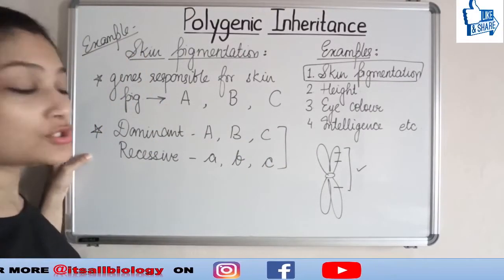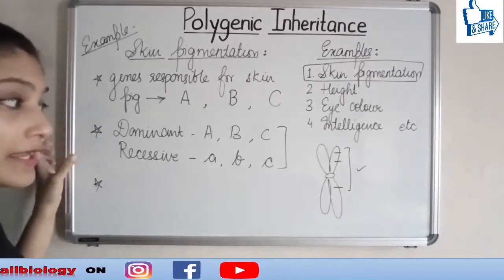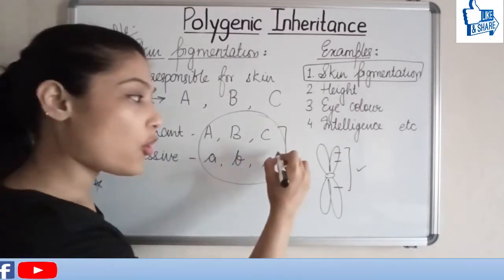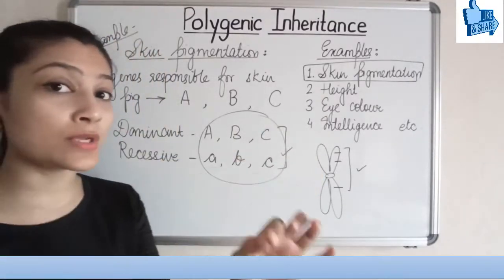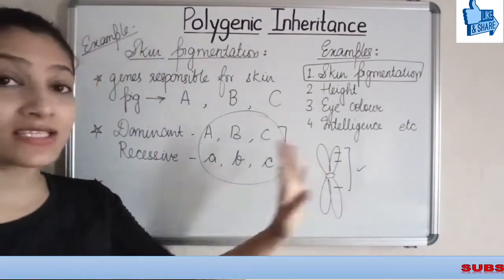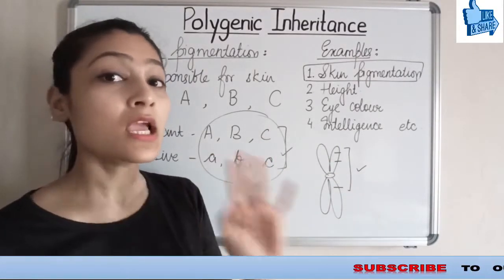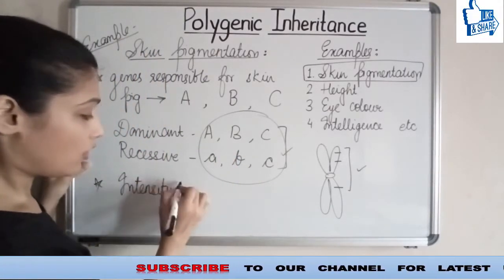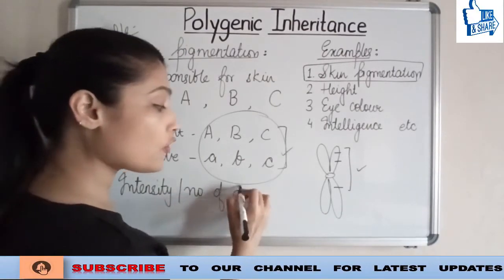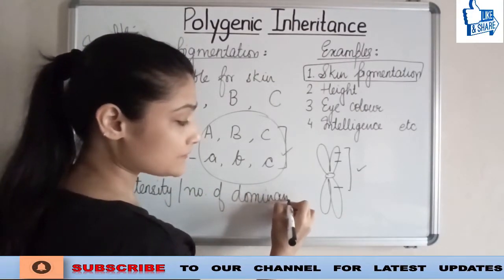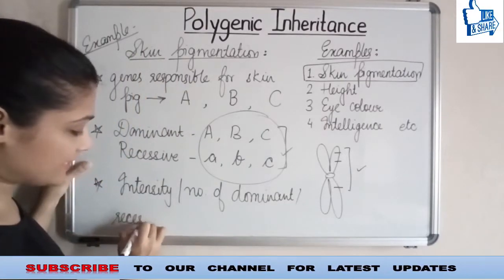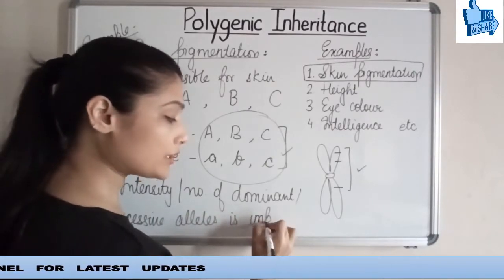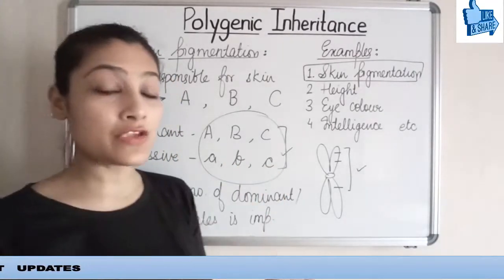Next thing that I want you to remember before moving forward is that the intensity or the number of these genes is going to be very important, just as we discussed when we were discussing polygenes. So the intensity or the number of dominant and recessive alleles is important in giving the phenotype.